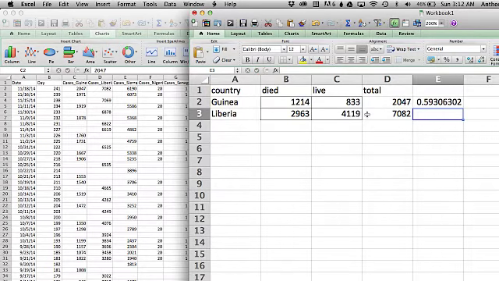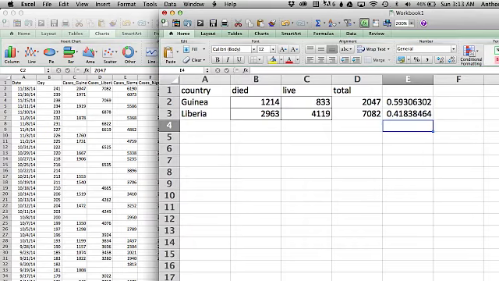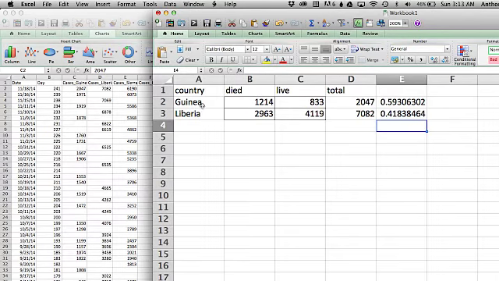The same thing, the risk of dying in Liberia, is going to be equal to 2,963 divided by 7,082, which is going to be a bit lower. The rate of mortality in Liberia due to Ebola seems to be a bit lower than it is in Guinea.